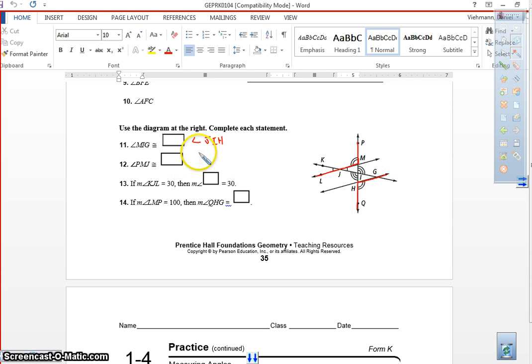So you could say angle QHG. That make sense? You could rename it as GHQ if you'd like. Those are the only choices you have on that one.